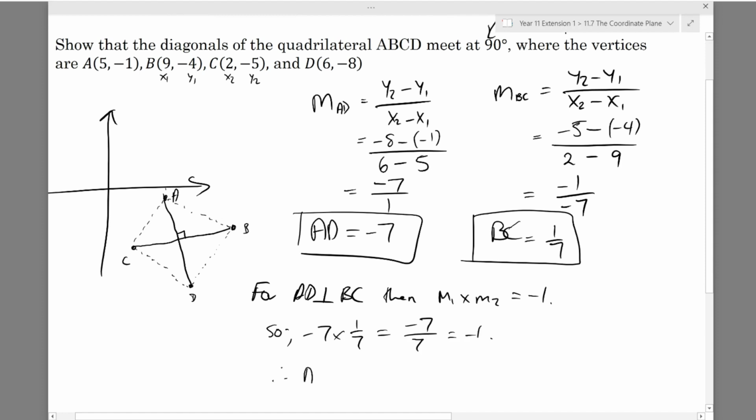So therefore, AD must be perpendicular to BC, and thus they meet at right angles. And we're done.